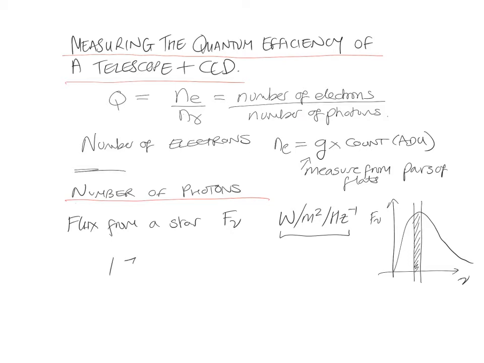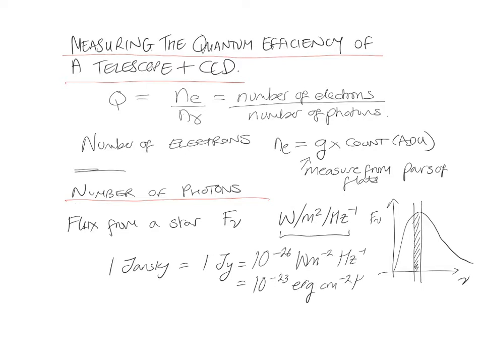So recall that 1 Jansky is 10 to the minus 26 watts per meter squared per hertz. So it's a unit of flux density. That's the SI units. If you prefer CGS units, this is the same as 10 to the minus 23 ergs per second per centimeter squared per hertz.